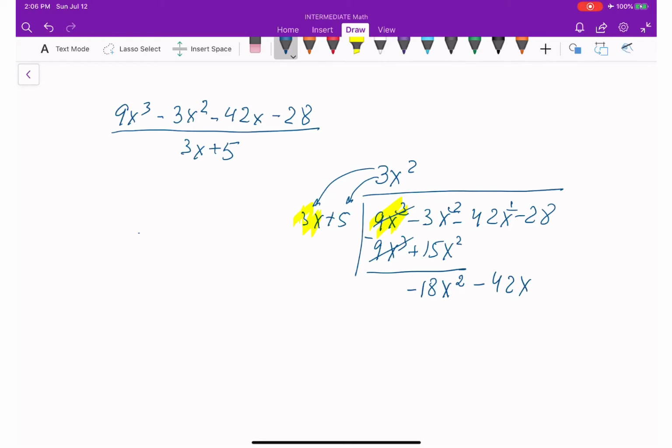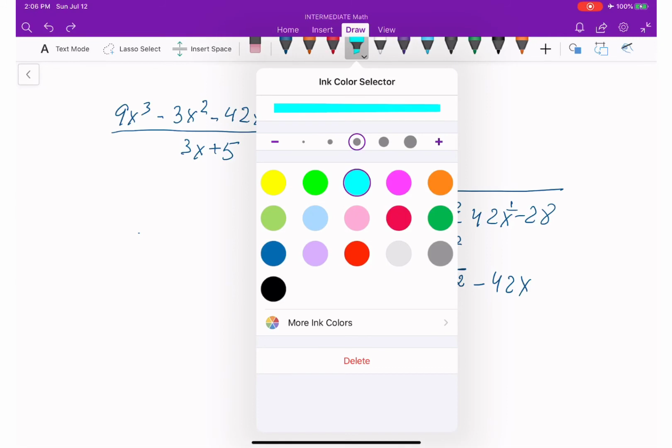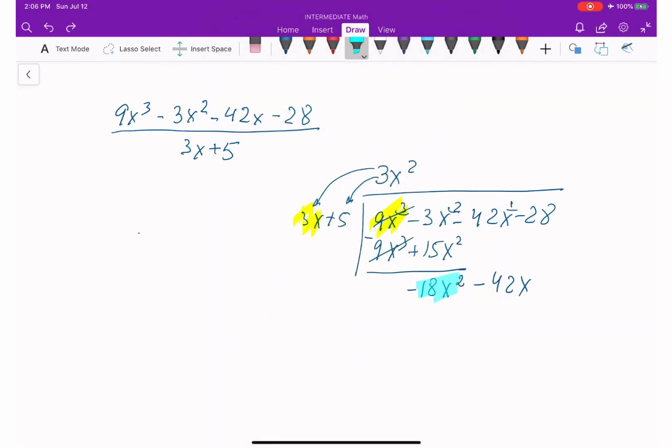So negative 18x squared. We divide by 3x again.